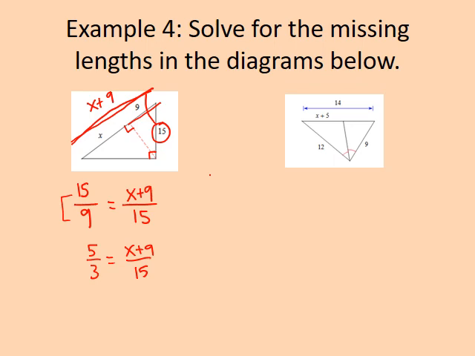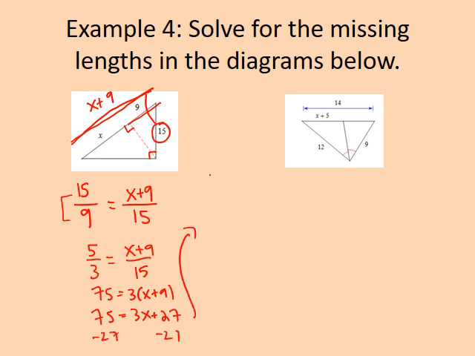Now we're going to cross multiply. So 15 times 5, I think it's 75. 15 times 5 is 75. And then we have 3 times x plus 9. So we have 75 equals 3x plus 27. We're going to subtract the 27 from both sides.